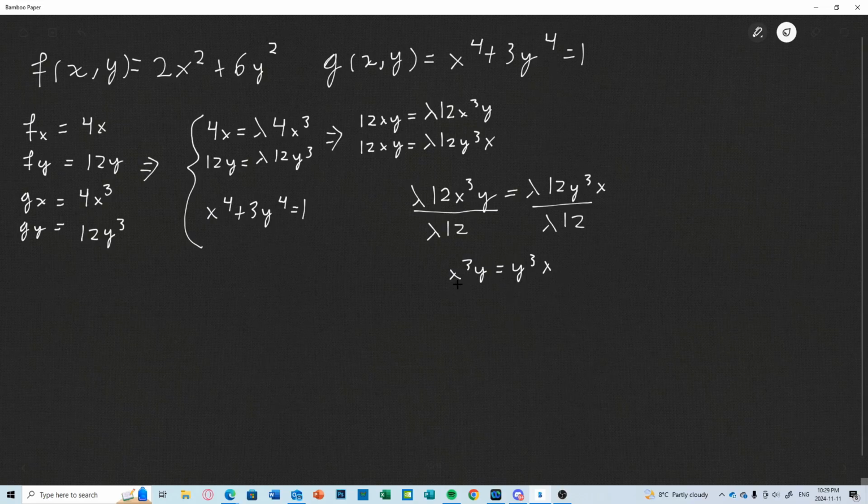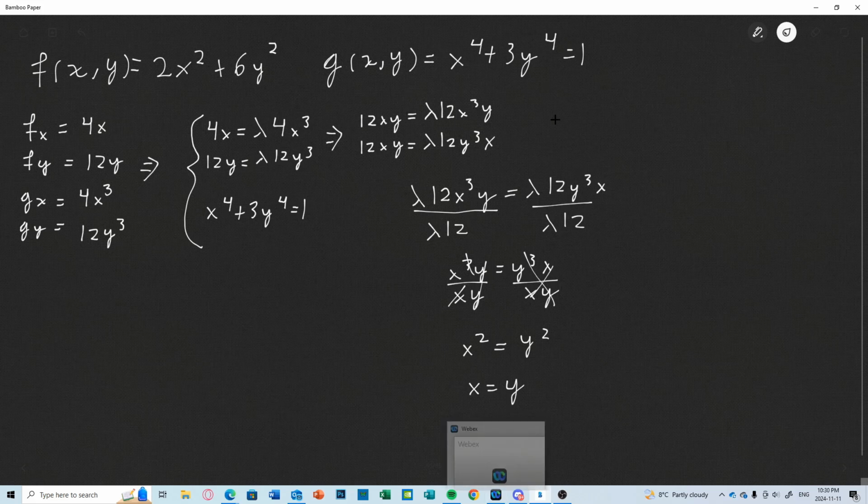Since both sides have an x and a y, we can divide both sides by x and y just to clean it up, because this will get rid of those, and this will become x squared is equal to y squared. Now if we take the square root of both sides, this will give us x is equal to y.